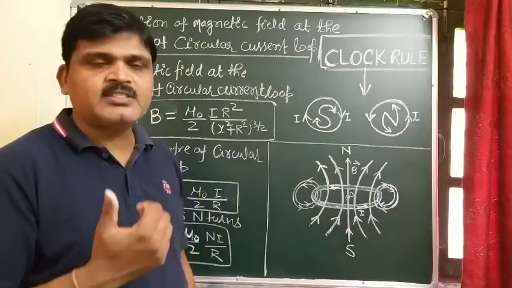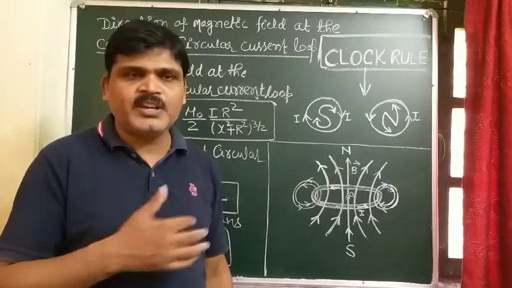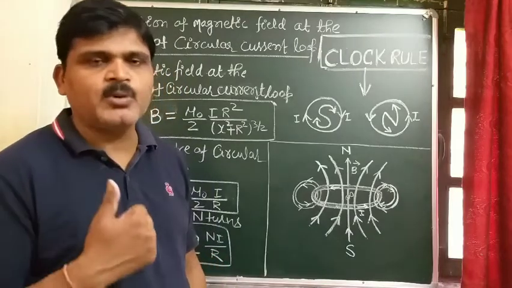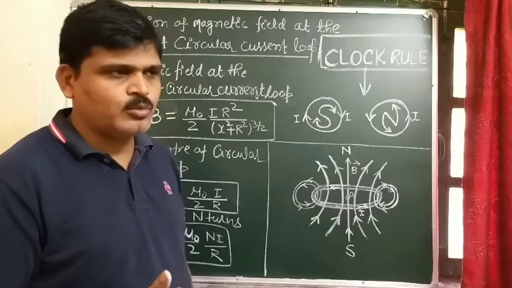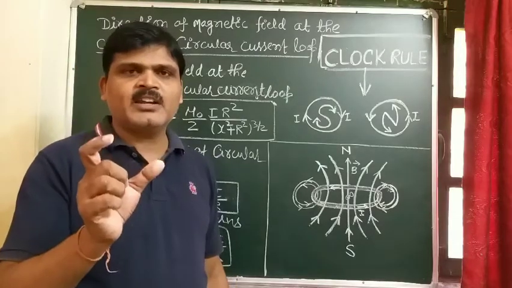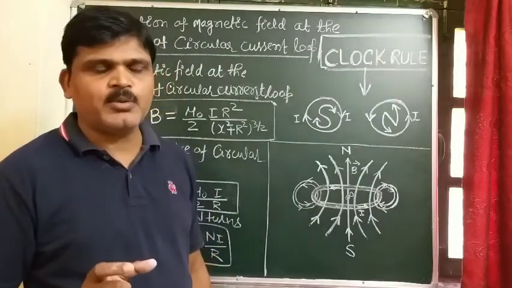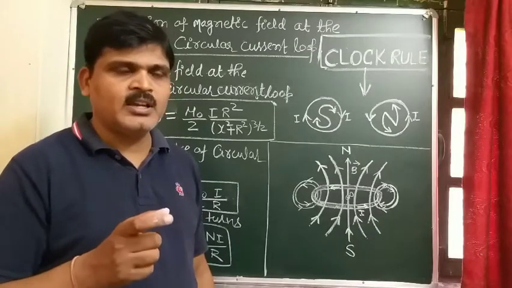It means this circular current loop behaves like a magnetic dipole, and it has a north pole as well as south pole. And you know that a bar magnet is also known as what? Magnetic dipole, because it has north pole and south pole, and it produces magnetic field pattern lines also.